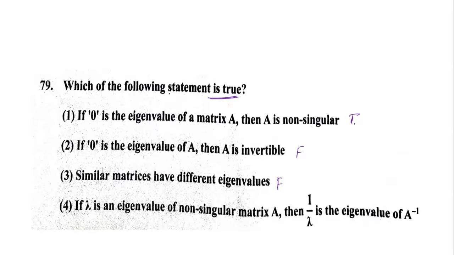If 0 is an eigenvalue, it becomes singular. Therefore, this is false. Next, if lambda is an eigenvalue of a non-singular matrix A, then 1 by lambda is an eigenvalue of A inverse. This is true. They are asking for the true statement. Therefore, option 4 is the right answer.